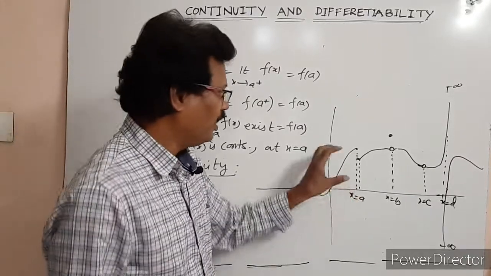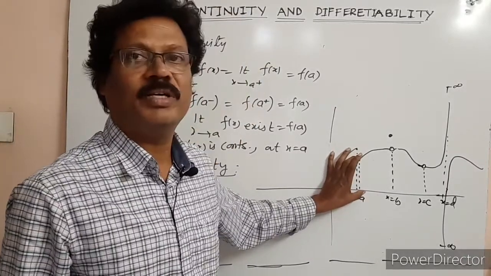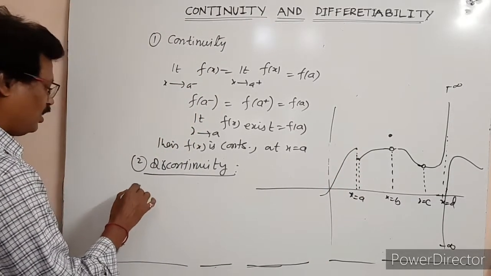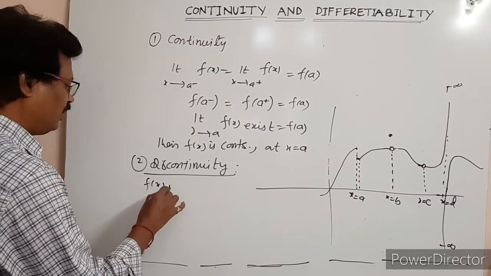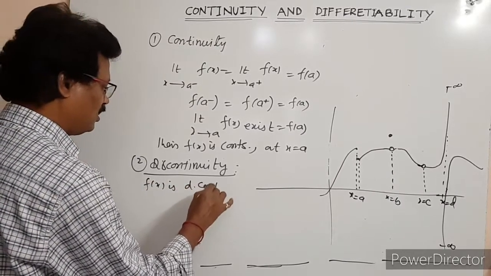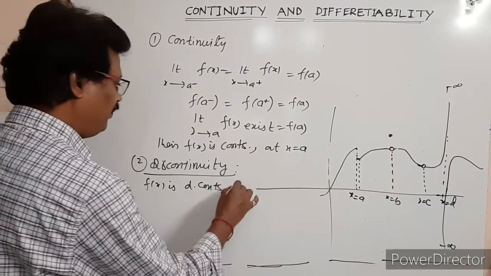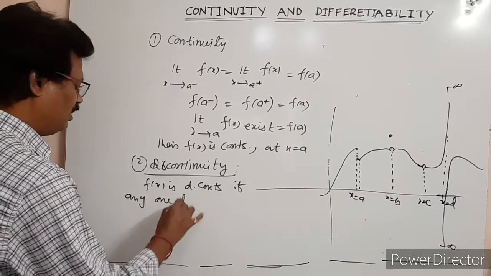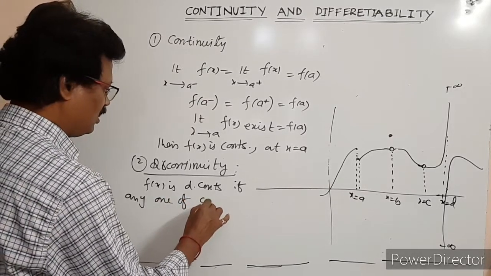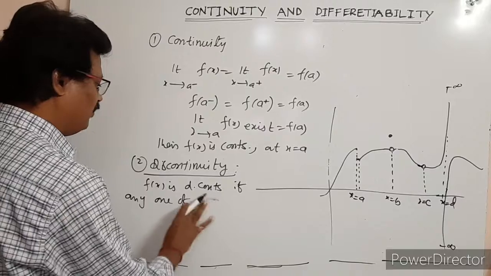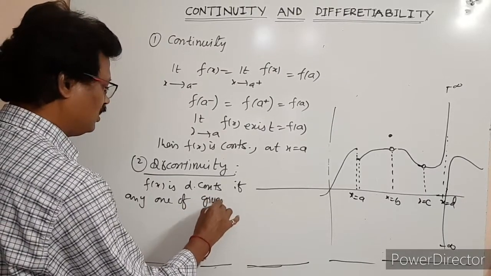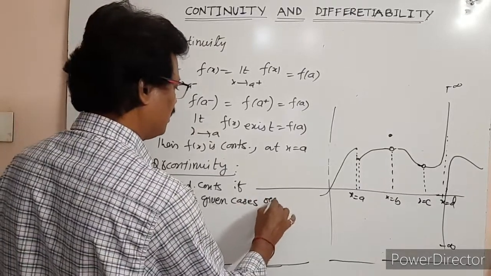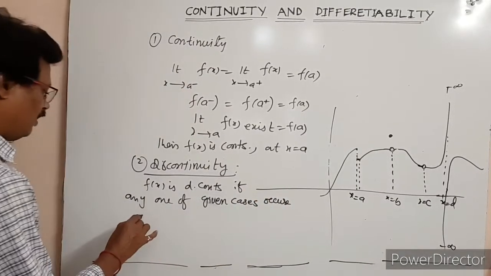At x equal to a, the left limit is this one but the right limit is this one. Both are not equal. Therefore I am writing: f(x) is discontinuous if any one of the given cases occurs. Now see the first one.